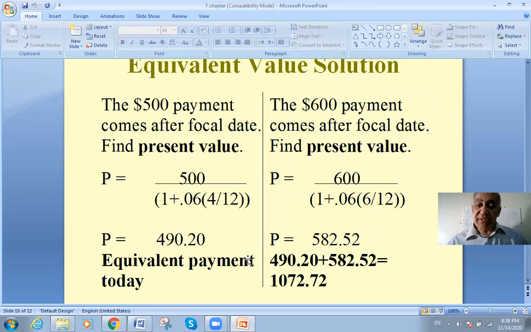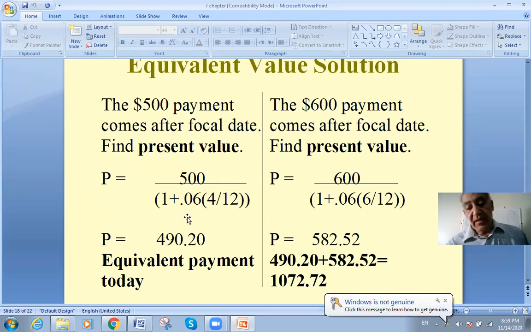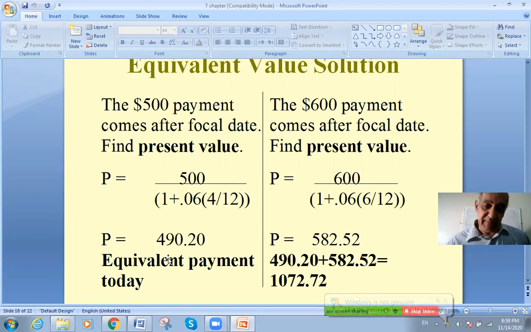I will draw it on the screen and we can calculate it. But just let me say first here, when you get the present value, like we said in the previous video, the present value will equal the nominal value divided by 1 plus the interest rate multiplied by the time, and we will get the first amount, which is $500.